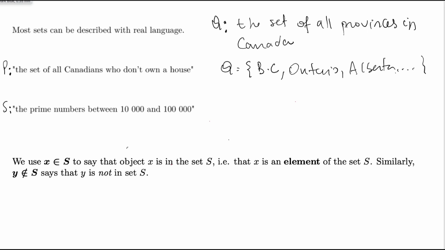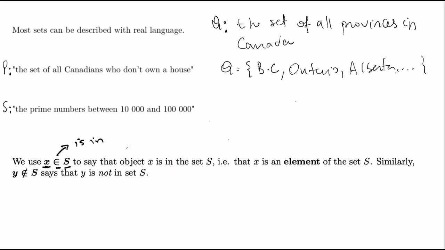So we use x ∈ S to say that object x is in the set S. So this symbol here is a stylized E. When you read this sentence, you're reading x is in, so this means x is in the set S, or x is an element of the set S, okay?